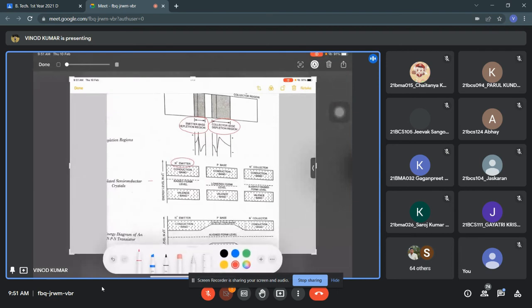Now if you see, because this emitter is having higher doping, right? So its Fermi energy level is higher, because if we have higher doping, that means availability of charge carriers is possible in the conduction band. Fermi level means that below this, energy states are occupied and above this, energy states are unoccupied. So more energy states are occupied, that's why it is having higher energy level.